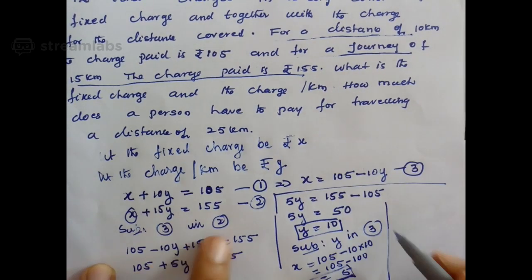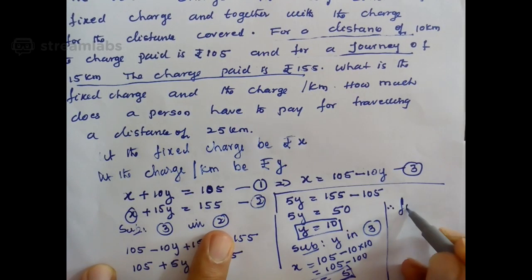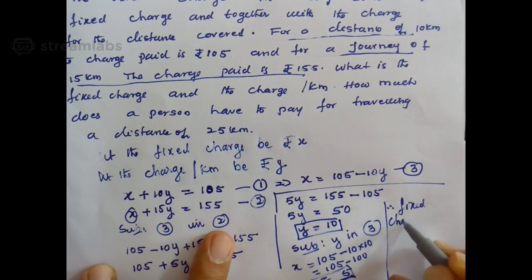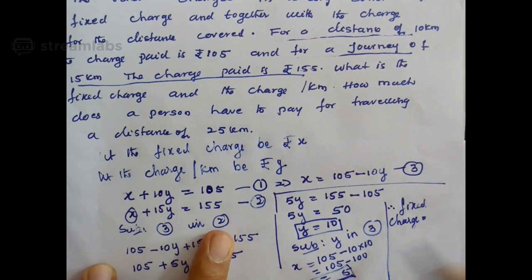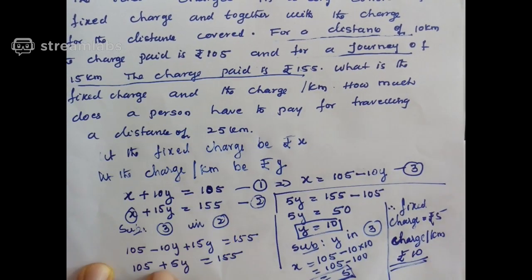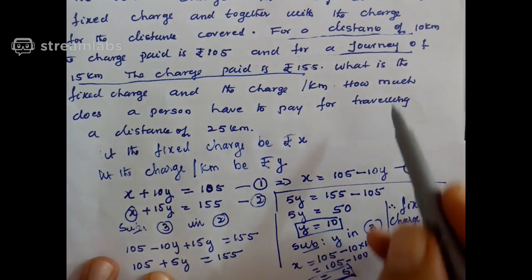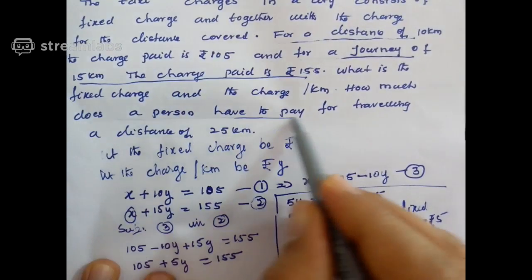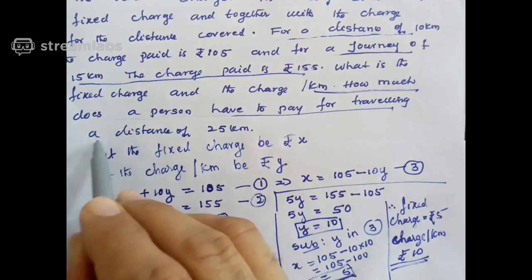Therefore the fixed charge is rupees 5 and the additional charge per kilometer is rupees 10. Correct?